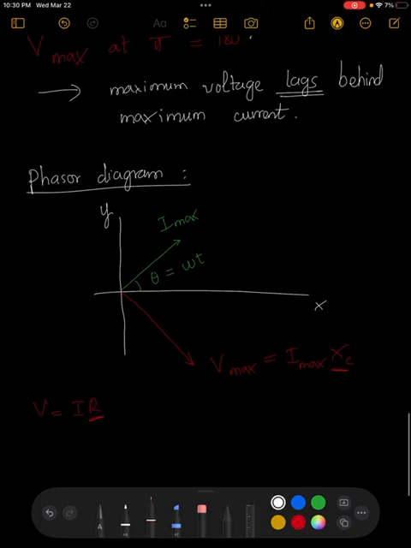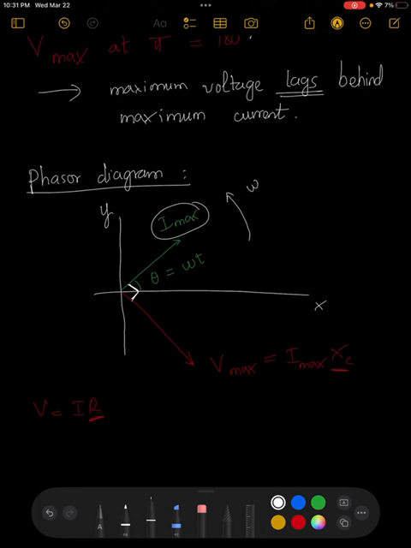And this angle between them is 90 degrees because Imax leads Vmax in this capacitor AC circuit, knowing this is the positive direction. So that's the phasor diagram for our capacitor circuit.